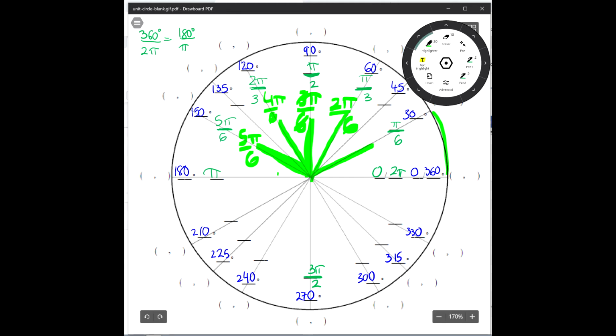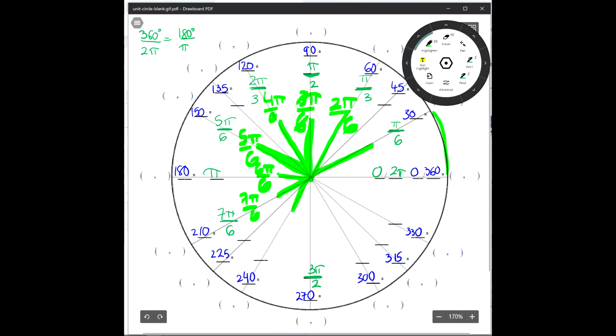Keep going. This one gives me 6 pi over 6, and if I reduce it, it gives me pi. Then the next chunk, I have 7 pi over 6, and I cannot reduce it anymore, so I just put 7 pi over 6 right here.